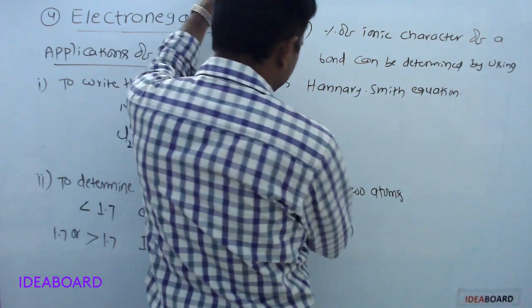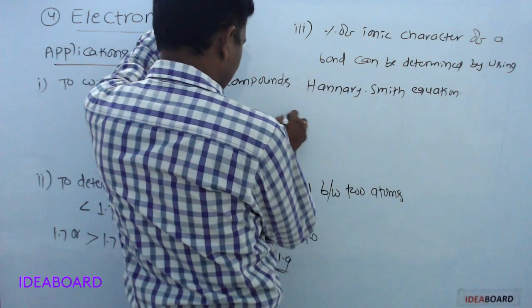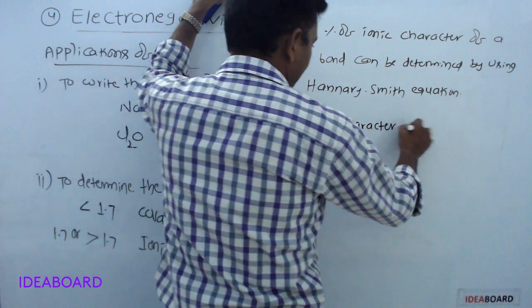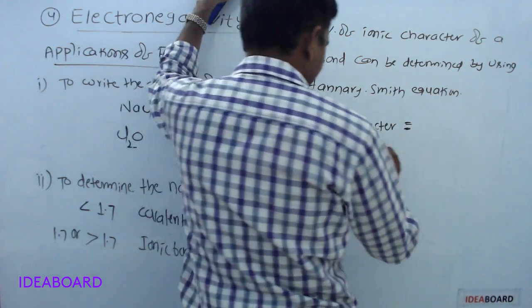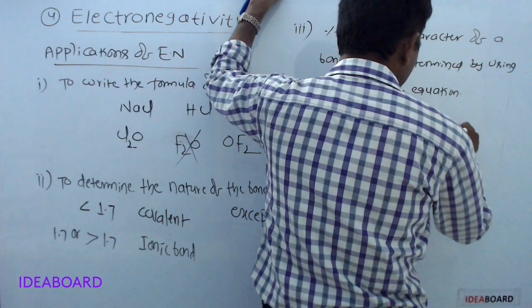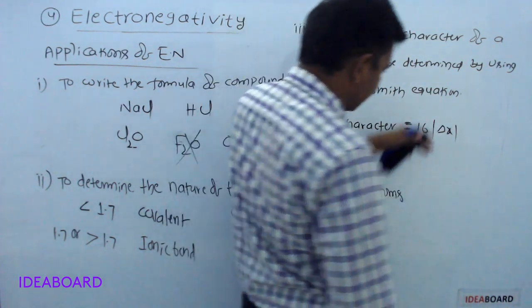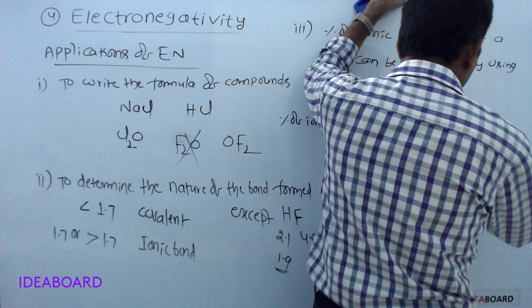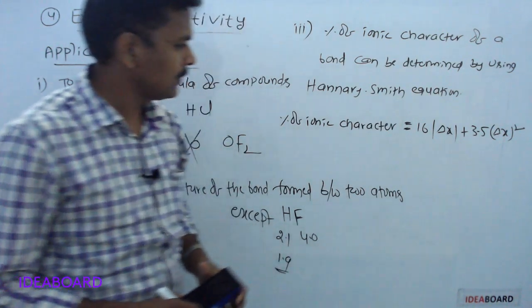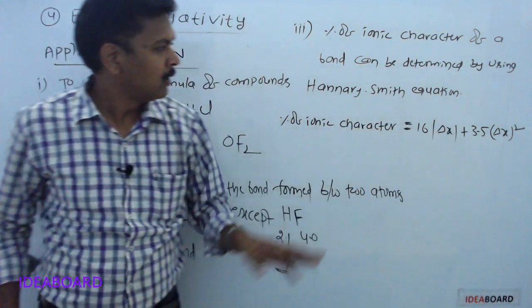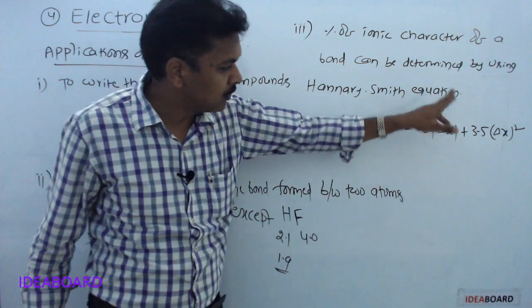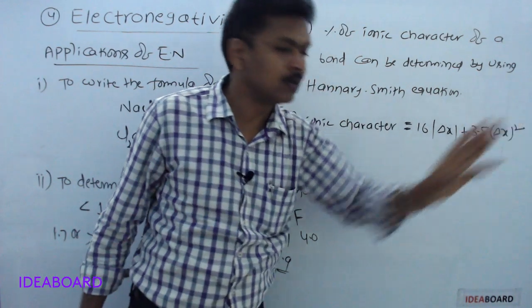That Hannay-Smith equation is: percentage of ionic character is equal to 16 into modulus of delta x plus 3.5 into delta x whole square.